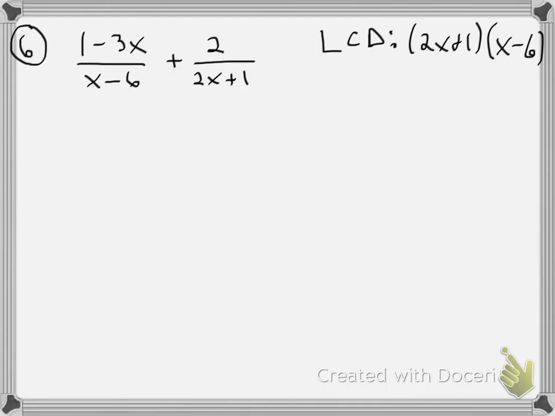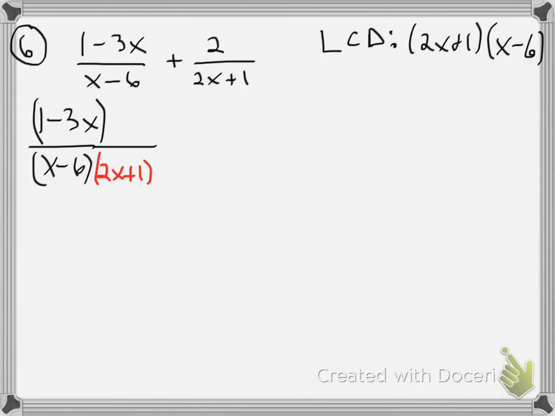So let's rewrite that here. So the original, I'm going to leave some space, over x minus 6. I want the bottom to be the same on this fraction, so it needs a 2x plus 1, and whatever I do to the bottom, I do to the top.